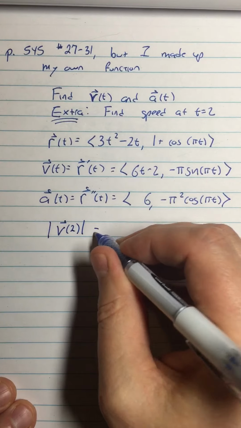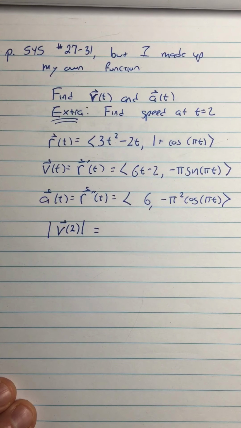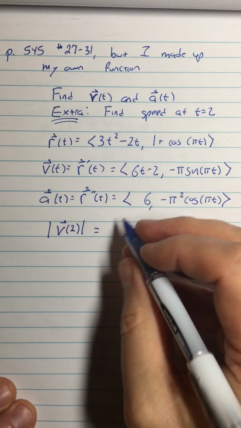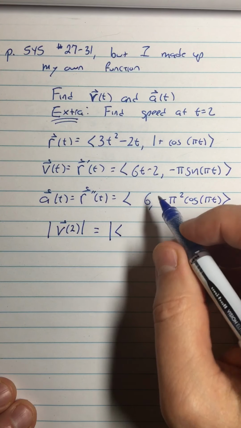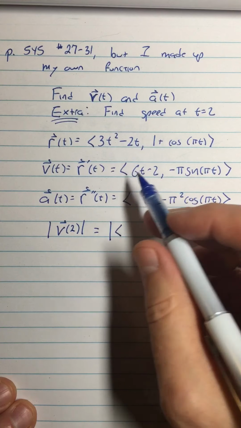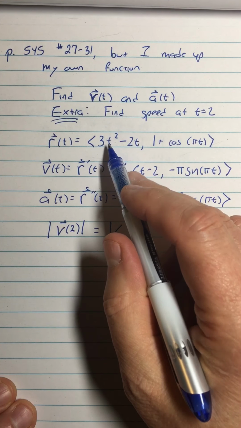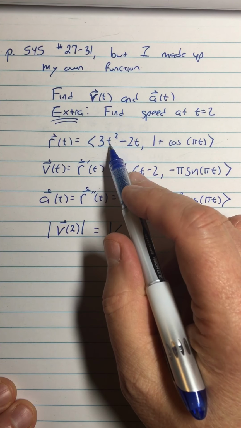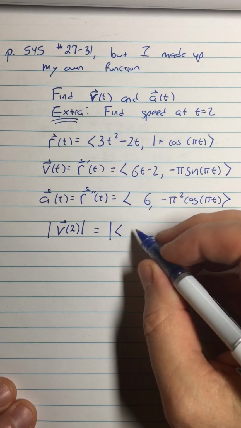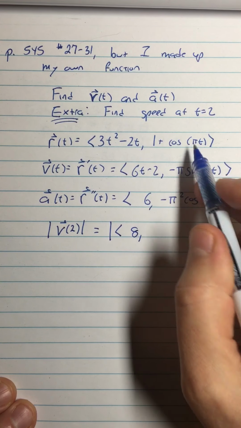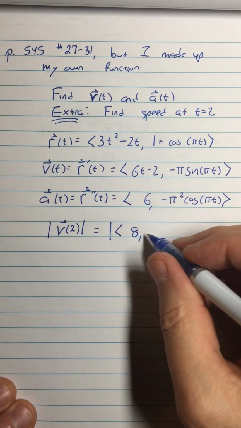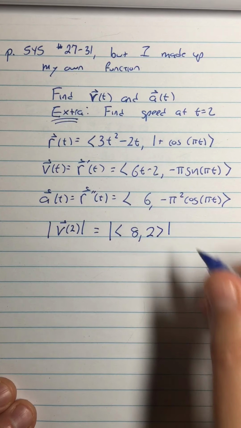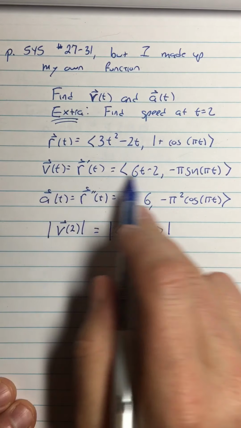So I'm going to say it's the absolute value of the vector, and let's put in the 2 here. 12 minus 4 is 8, and cosine of 2 pi is 1, plus 1 is 2. So the vector is 8, 2. That's v of 2, plugging in 2 for that.